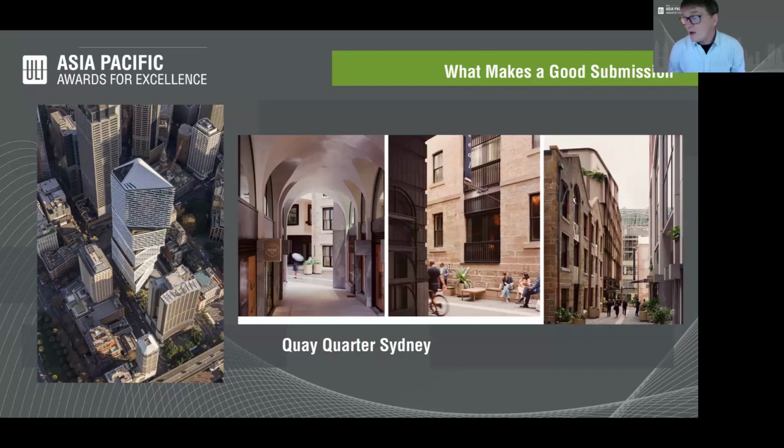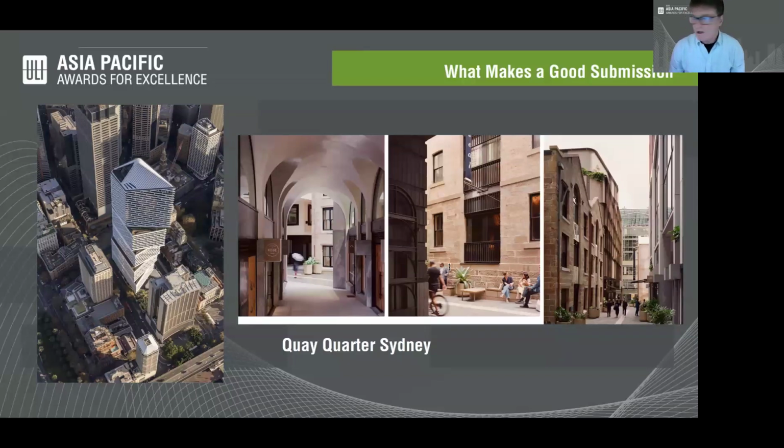So the new building was a triumph of design, I think it would be fair to say, has won many design competitions. And also inside, the way in which the interior spaces are arranged were very innovative and creative.